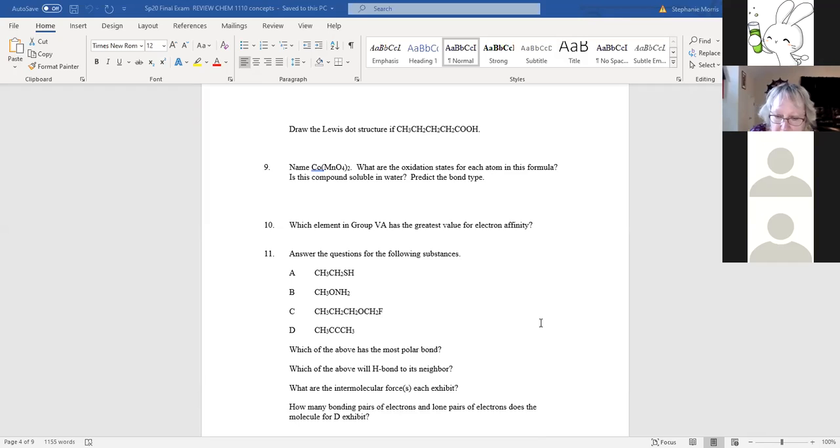Now let me draw C. This is what I mean. Y'all have to draw this stuff or you're not going to get them right. Okay, this is letter C. It's real small, CH3.